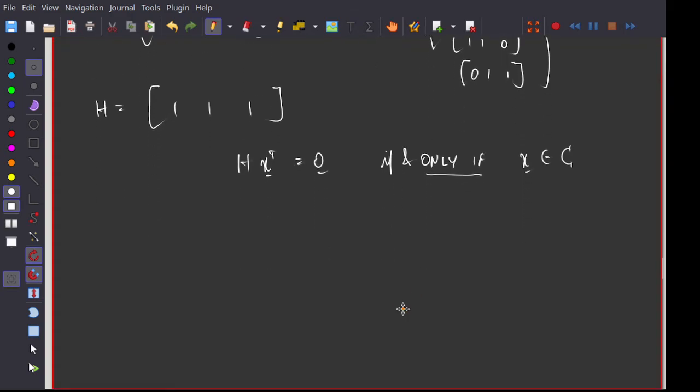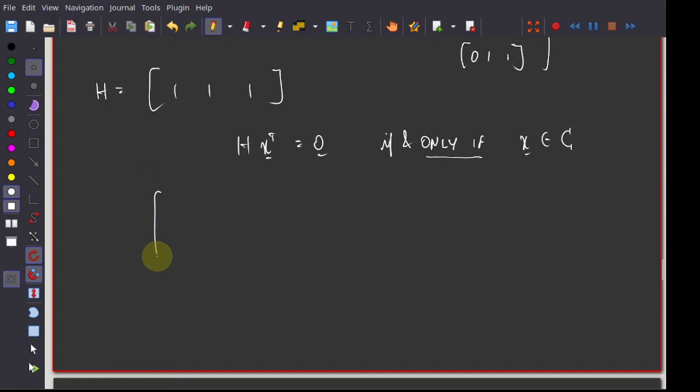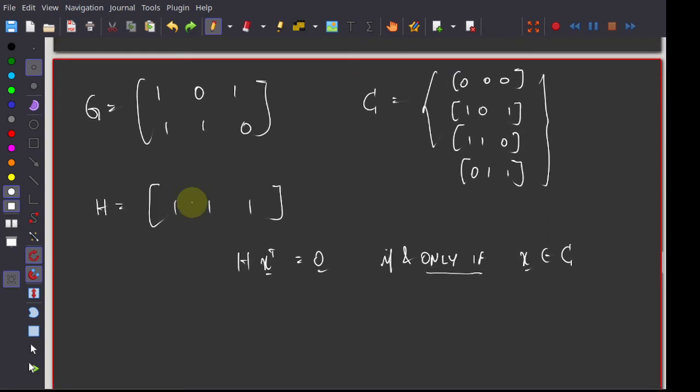Let us maybe take another example. Right now, I'm just guessing. There is a more systematic way to get it, but right now we're just guessing.